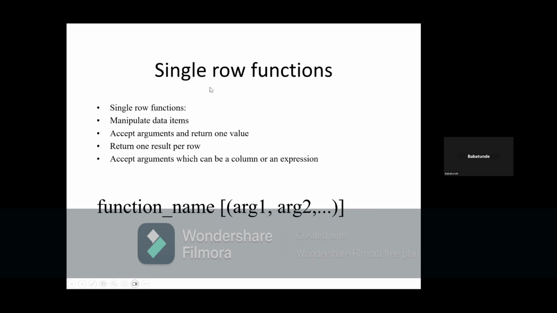I've actually discussed this in the last session: a single row function, what does it do? You can use it to manipulate data in the table. It accepts arguments, and the arguments are the parameters. Let's say for instance we have a function called sum, which sums numbers together.